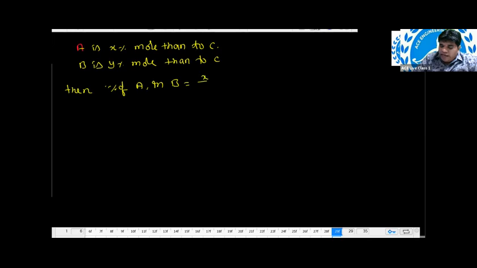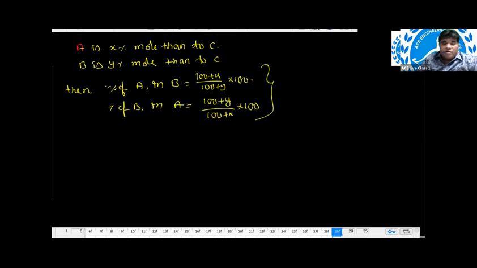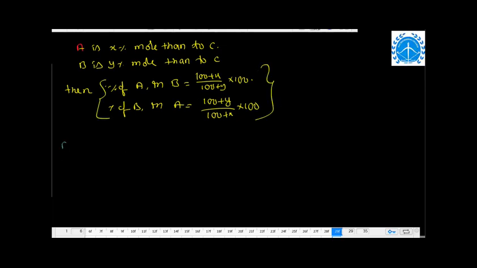It is 100 plus X upon 100 plus Y into 100. Percentage of B in A is 100 plus Y upon 100 plus X into 100. Okay, no? Yes, sir. Now tell me the question.